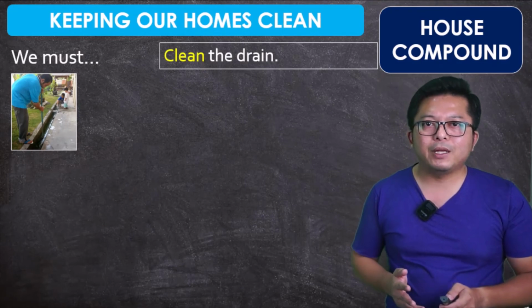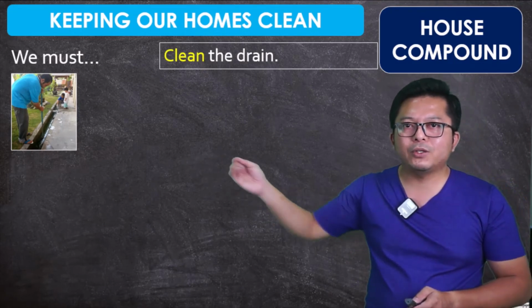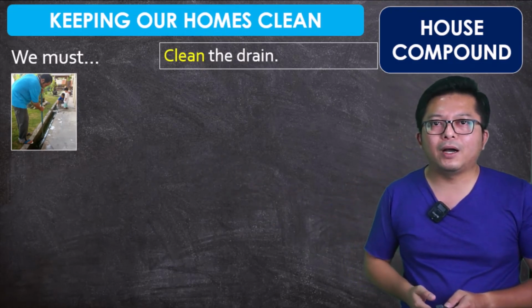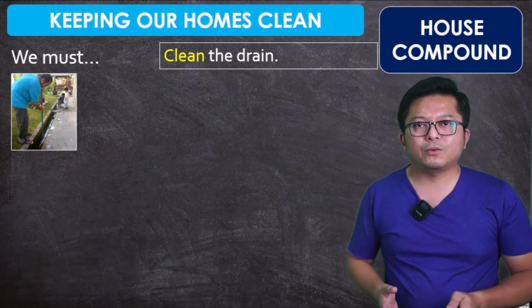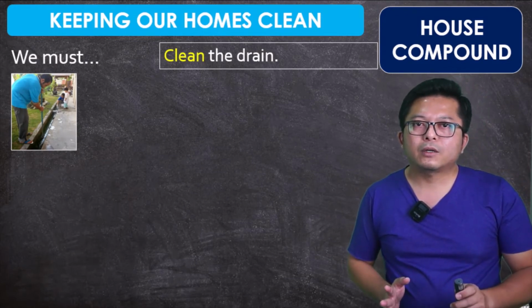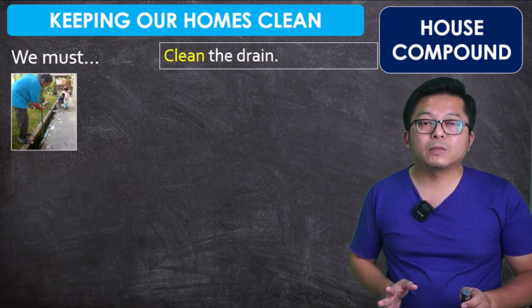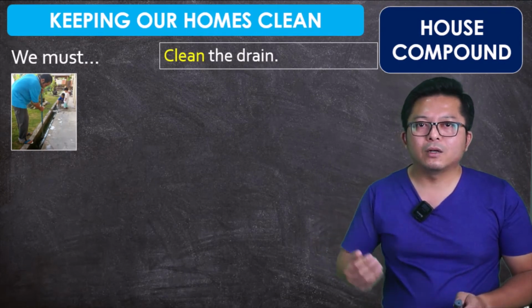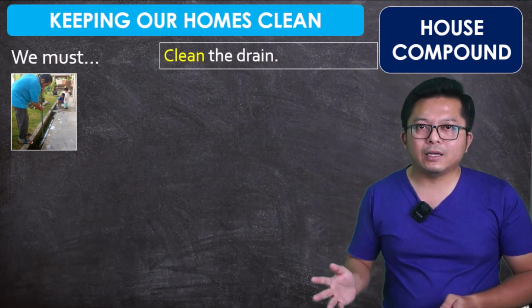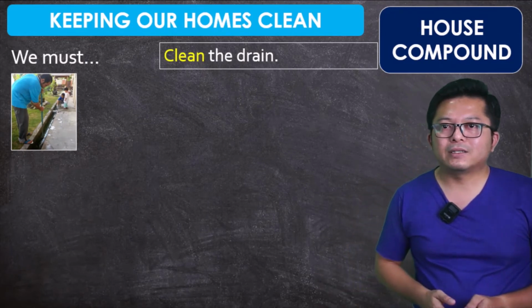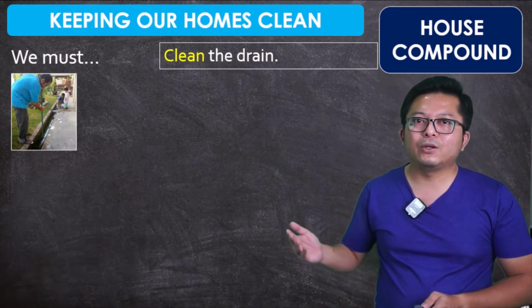Our drain means longkang, like in that picture, once in a while. So sometimes in our drain there are rubbish. Okay, sometimes there are grasses growing, so we need to clean it. Okay, that's the first thing that we can do.